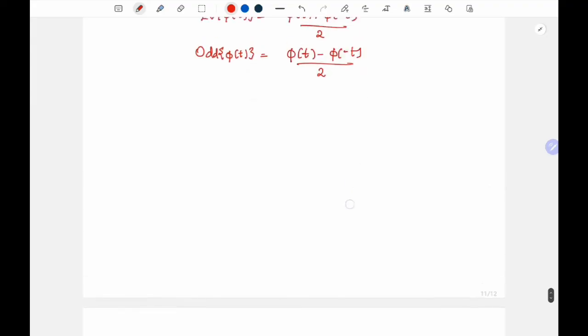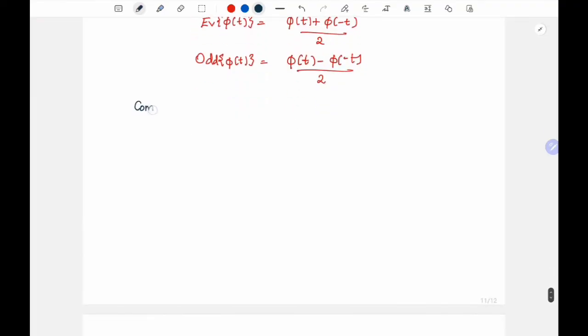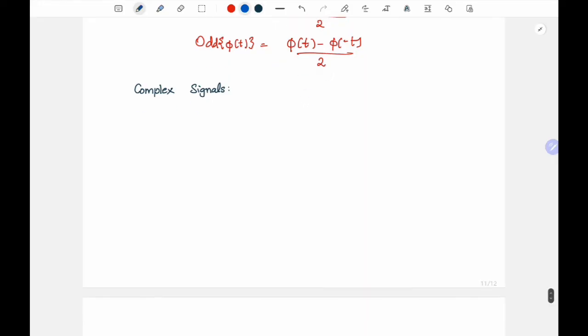For the complex signals, we have something called conjugate symmetric and conjugate antisymmetric. So what is conjugate symmetric? x of t is equal to x star of minus t. So it is the complex conjugate of minus t, right?